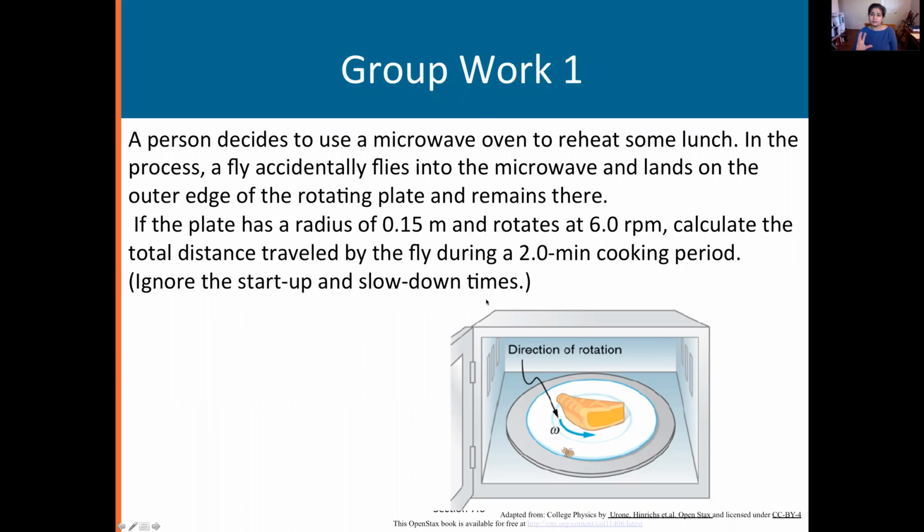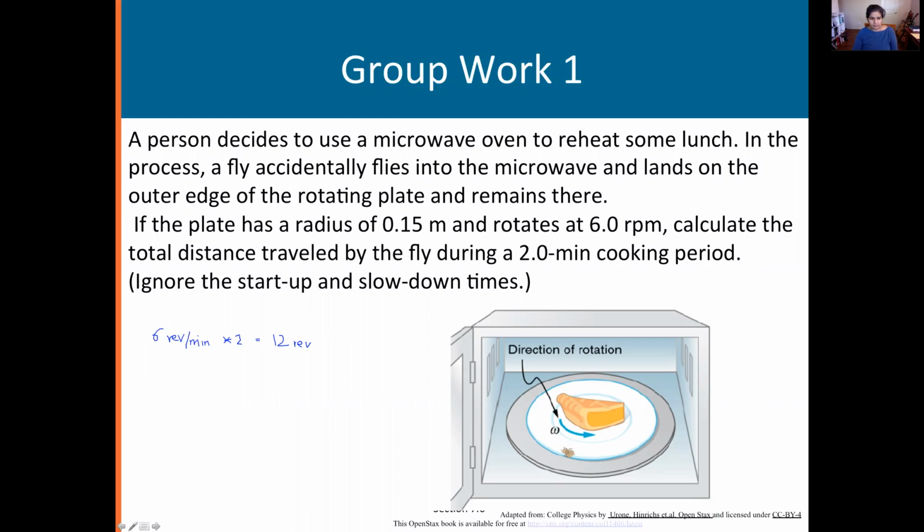So we're going to assume that the minute it starts, it rotates at this rate, which is 6 revolutions per minute. And how many minutes do we have? We multiply that by our number of minutes, which is 2. So we are doing 12 revolutions. And what distance is covered in 12 revolutions?